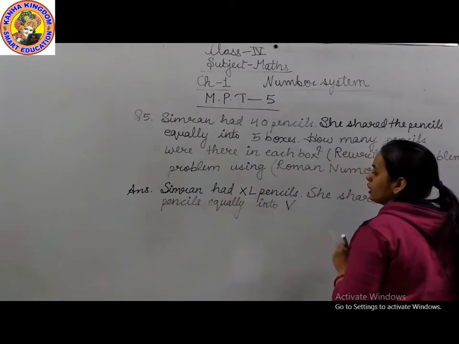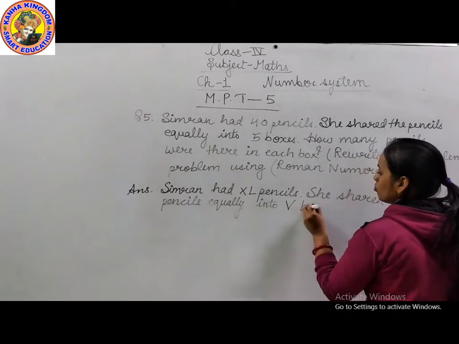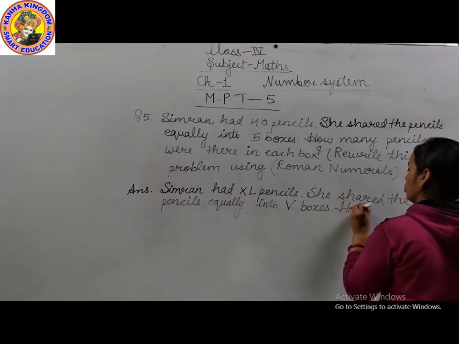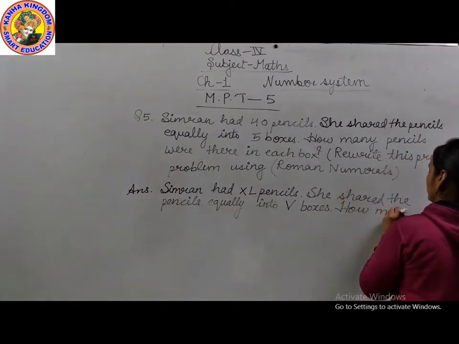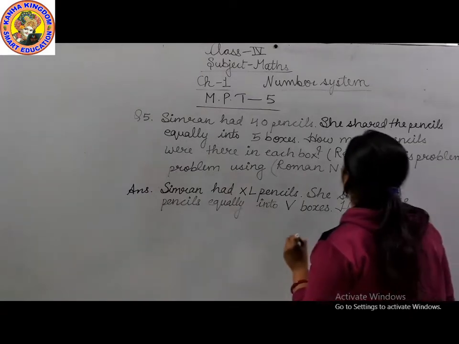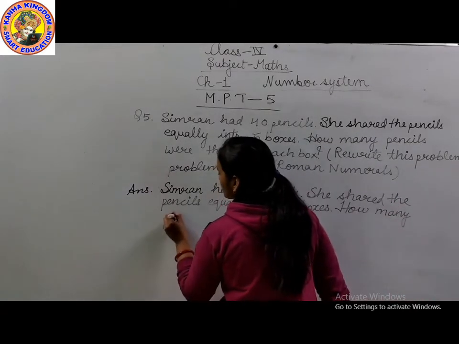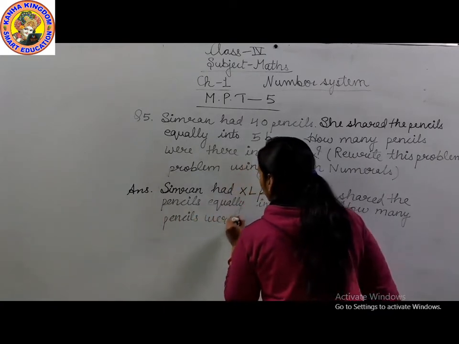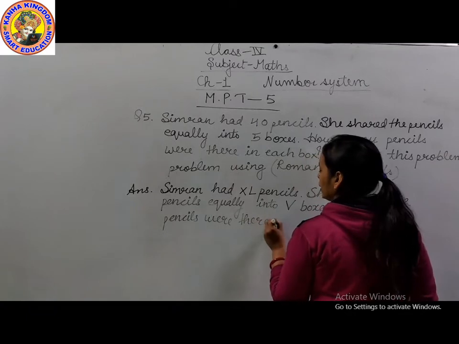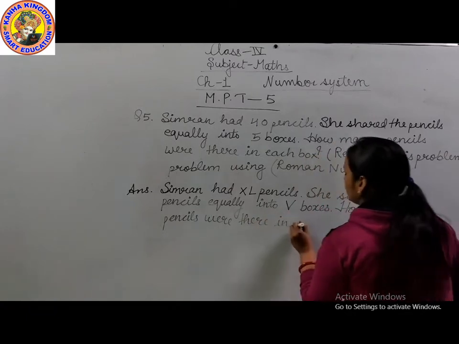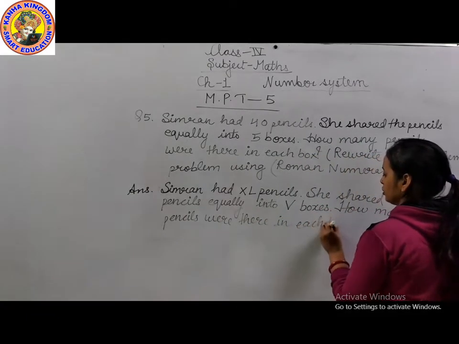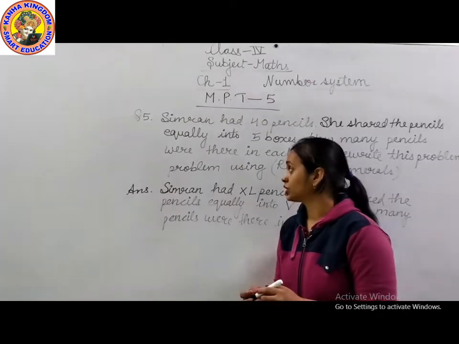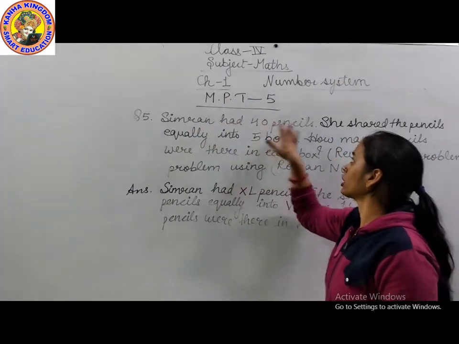So we write V boxes. How many pencils were there in each box? Okay.